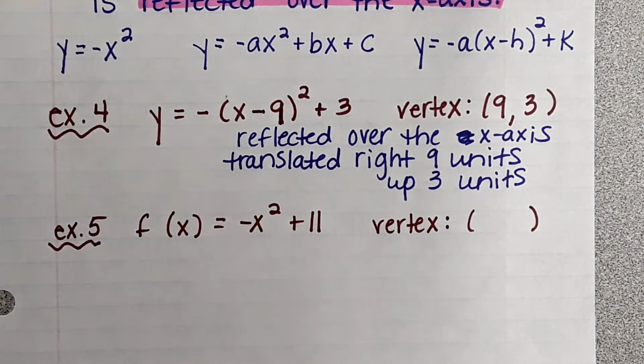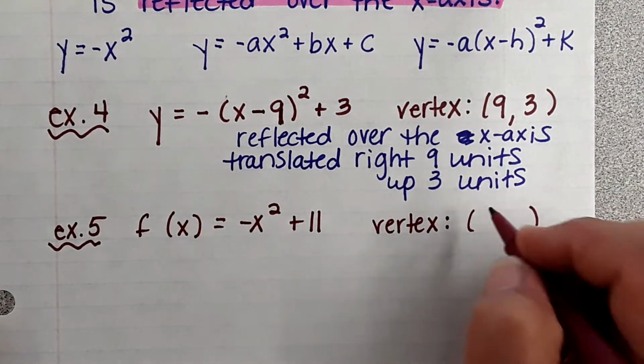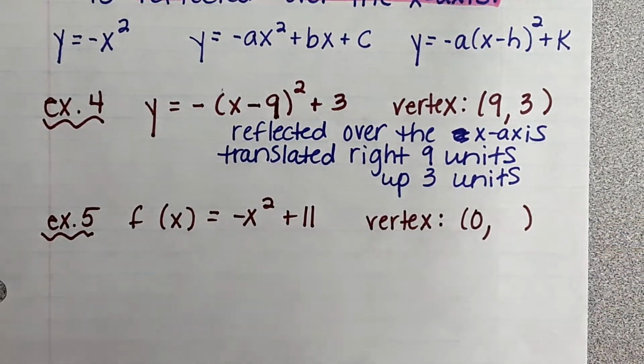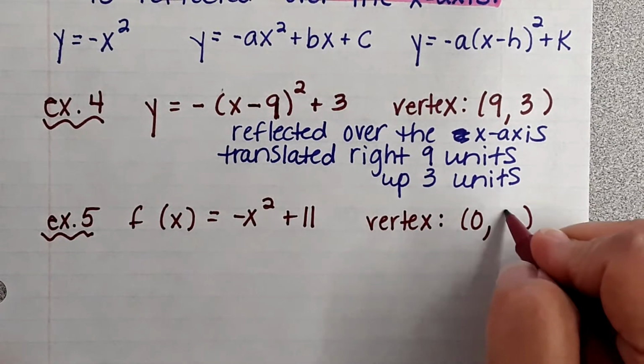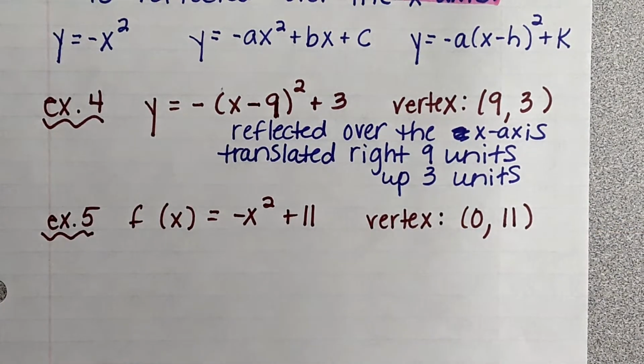Okay, so are there any parentheses? No. That means there's no h, so my h is 0. If there's no parentheses, there's no h value. What is my k? It's 11. Only the opposite if there's parentheses. Only opposites are when you see parentheses.